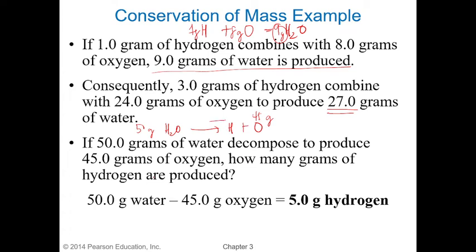So how many grams of hydrogen are produced? So you just simply subtract 45 grams from 50 grams. So 50 minus 45, you have 5 grams of hydrogen that is produced in the decomposition of water. So, meron kang 5 grams ng hydrogen na na-produce.